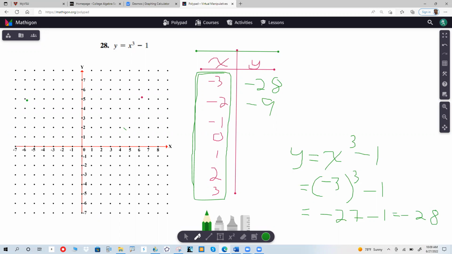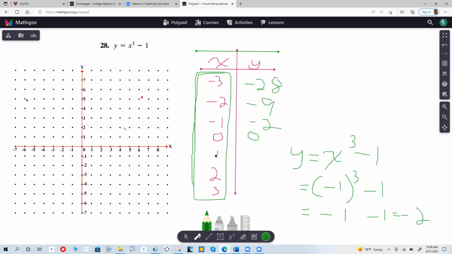When x is -1, you're going to get -2. When x is 0, y is -1.